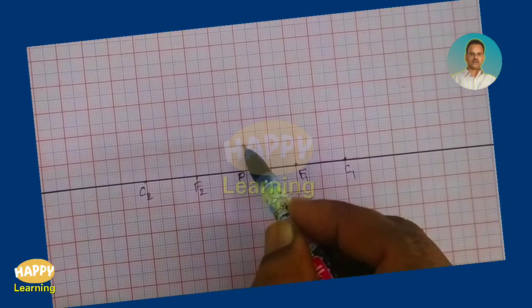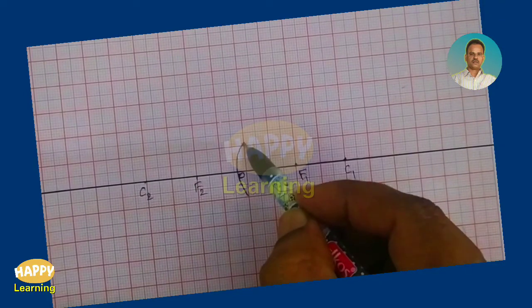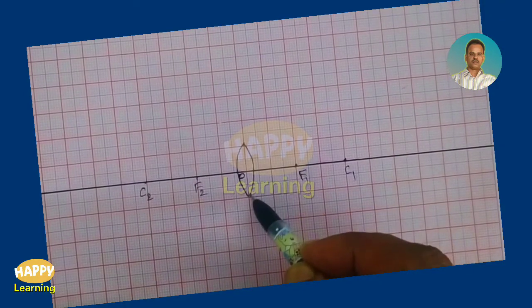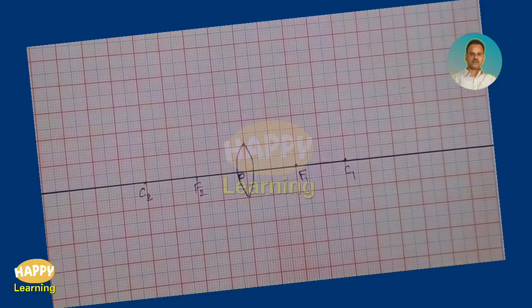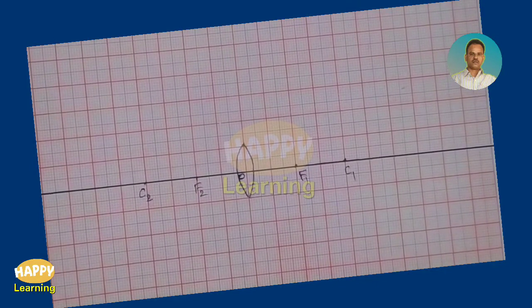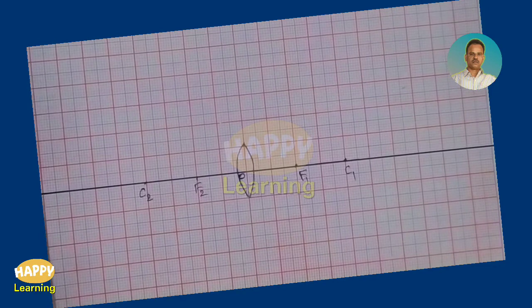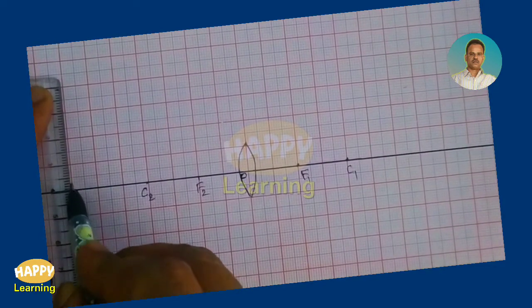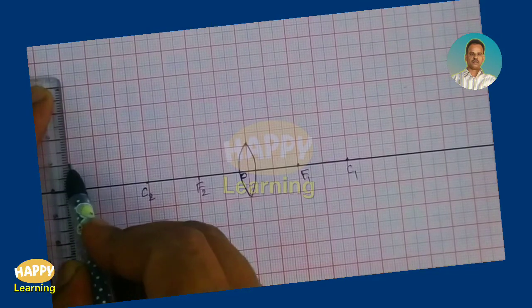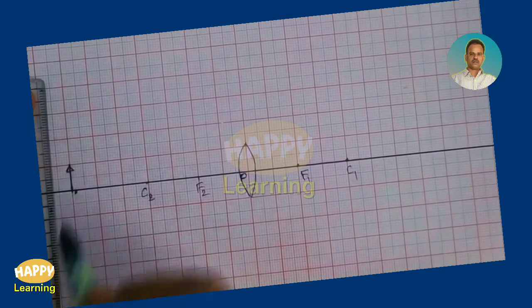And let me draw the lens here. This is a convex lens, right? Then select an object beyond C. So somewhere here there is an object.